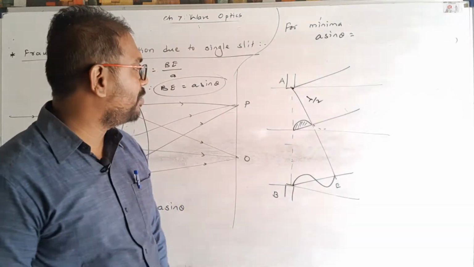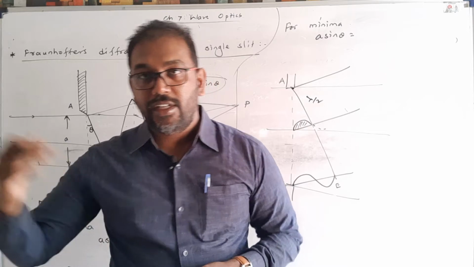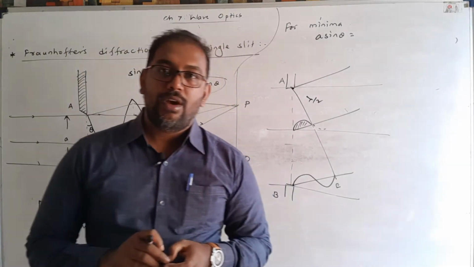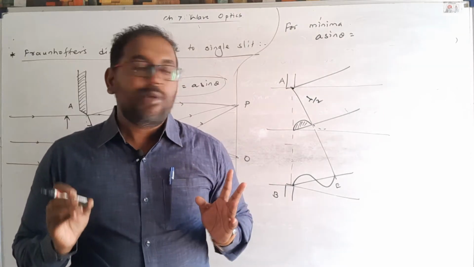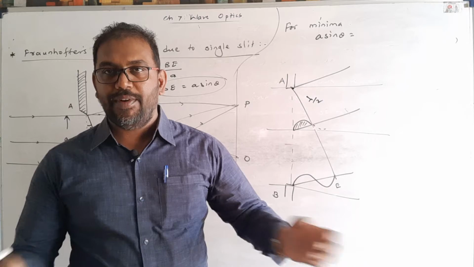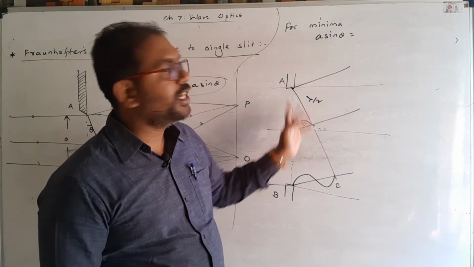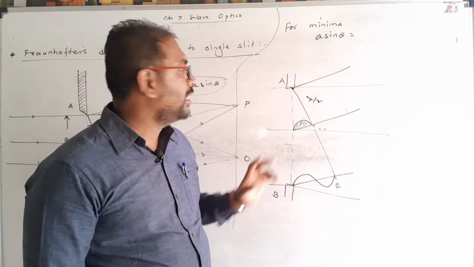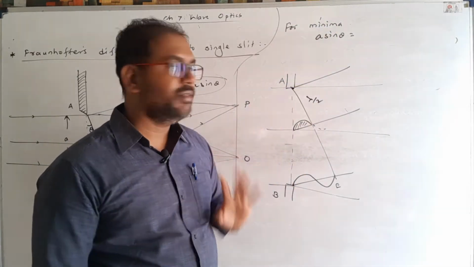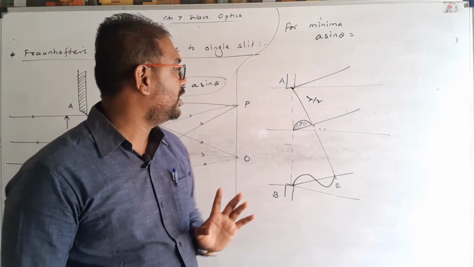And if path difference is lambda by 2, we already learned the condition for interference here. If path difference is an odd integral multiple of lambda by 2, then we get destructive interference. So here, light from A and light from this point reach the point P, and the path difference is lambda by 2, so we get destructive interference. This light wave cancels with this, and we get a dark point at this point.